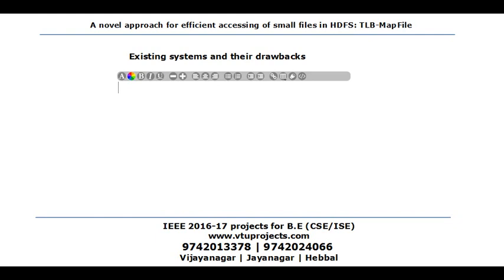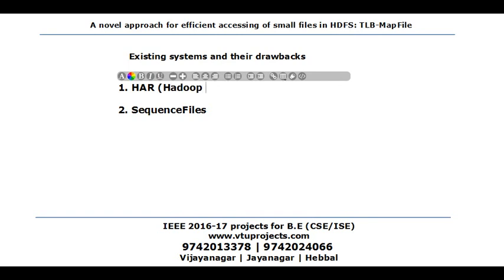For solving this problem, I could think of two existing systems that are mentioned in the IEEE paper 2016. The first existing system is called HAR, and the second available system to solve the small file problem is called sequence files. Sequence files is a technique available to solve the small file problem, and HAR is another technique available to solve it.